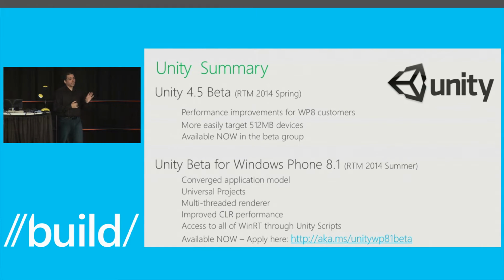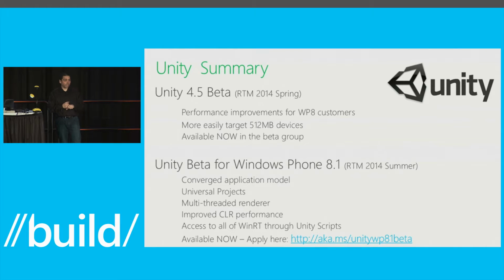And that one is targeting Windows Phone 8 and Windows Store 8 and 8.1, of course. And there's some really good stuff coming in there. They've also made some optimizations there where you will see performance improvements. You should be able to see much faster interop. So if you're going back and forth through interop a lot, you're going to get some performance benefits, and you're going to see much better memory.